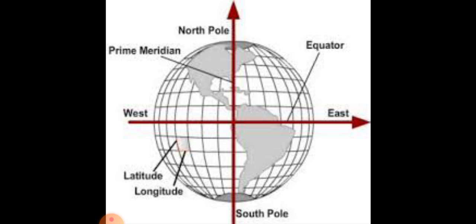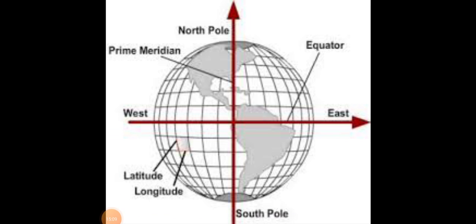See the North Pole, South Pole, west, east part, and which is the equator. The 0 degree west to east imaginary line is known as the equator, and the North Pole to South Pole 0 degree line, that is the longitude, is known as the prime meridian. So they have given it in detail.